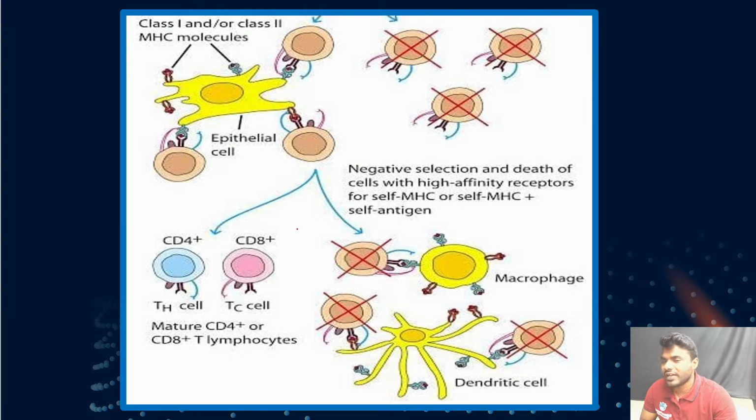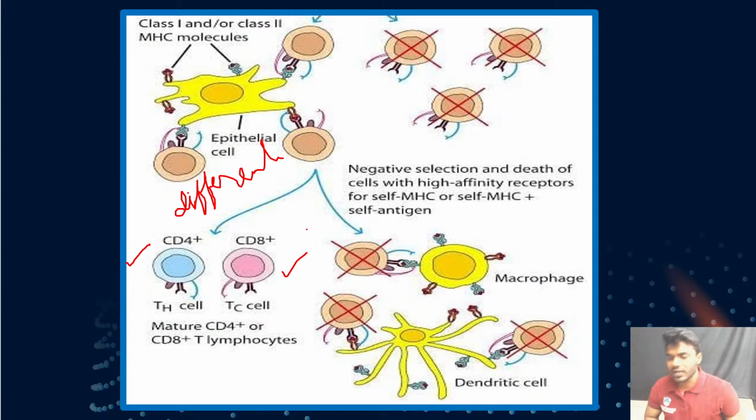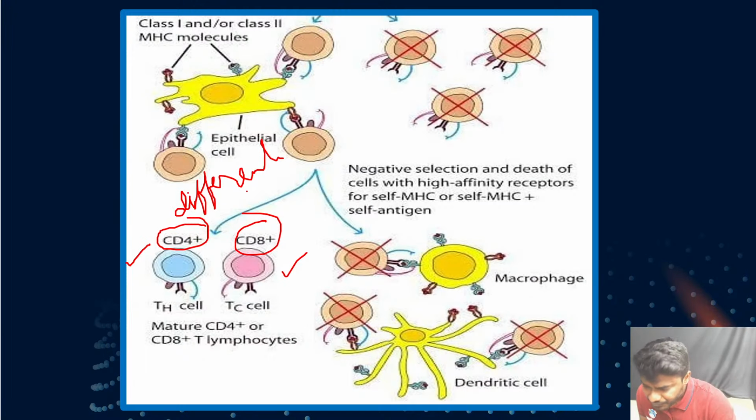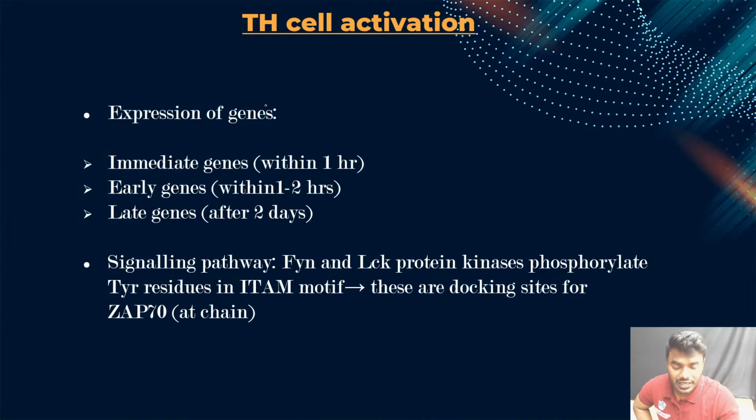That T cell never dies, and ultimately the T cells differentiate to give rise to T helper cell and T cytotoxic cell. We all know very well that the T helper cell has CD4 on its surface and the cytotoxic cell has CD8. This is the positive selection and this is the negative selection.